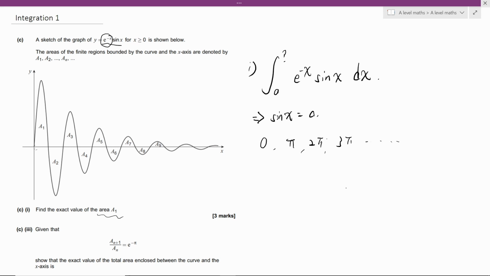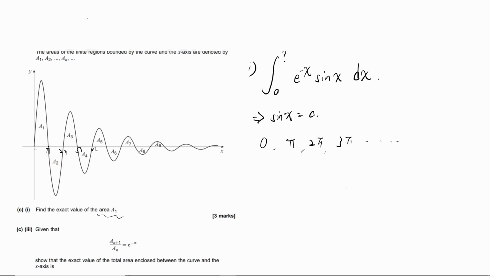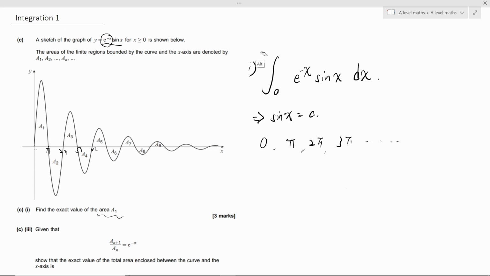And A1 is the first area in the graph, so the boundaries are pi, 2 pi, 3 pi, 4 pi, and it goes on. So we are actually integrating between 0 and pi.